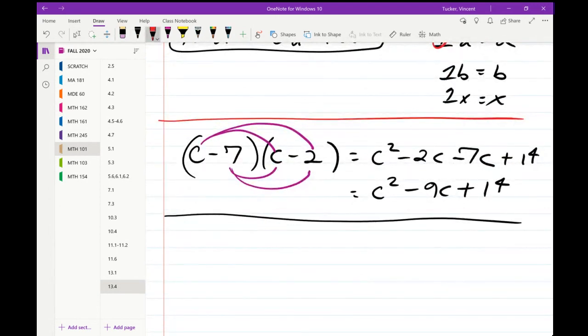We said it, but just didn't emphasize it: notice we had like terms in the middle, so you are expected to combine like terms when needed to write the simplest answer possible.